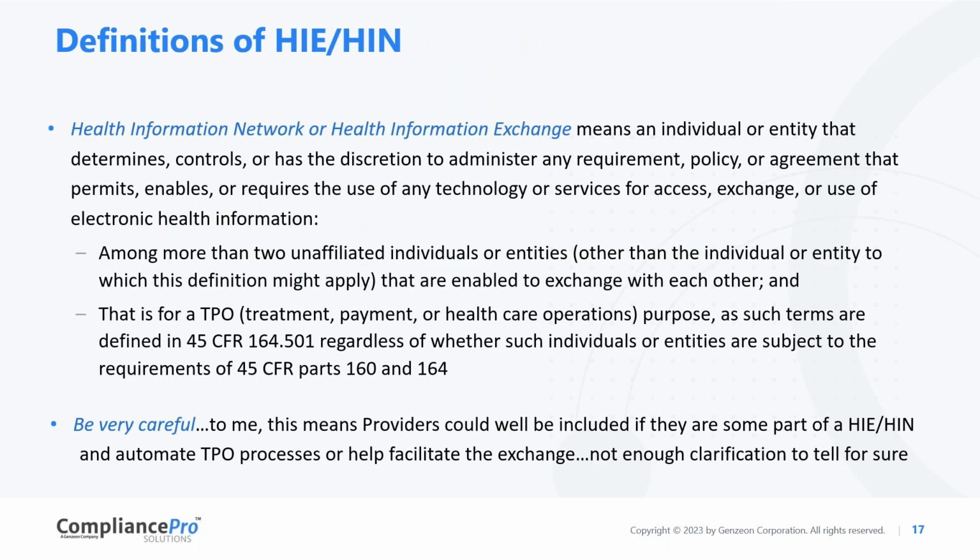And again, another slide on what's an HIE and an HIN under the definitions of the rules. And again, we're running on time, but I'm not going to really get into this so much. But the HIE and HIN elements are something that you need to pay attention to, because it can be an HIE among two or more unaffiliated individuals, but there's ways, you have to have agreements and things like that.